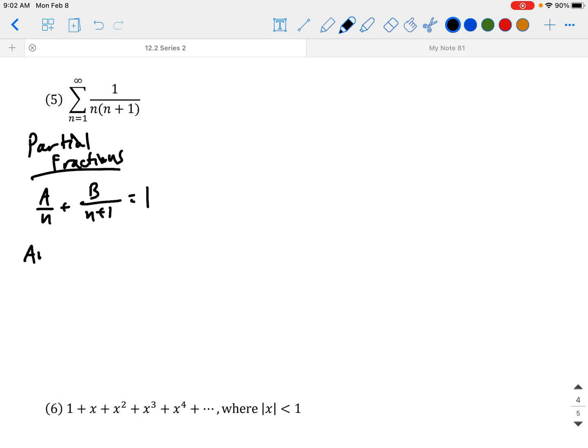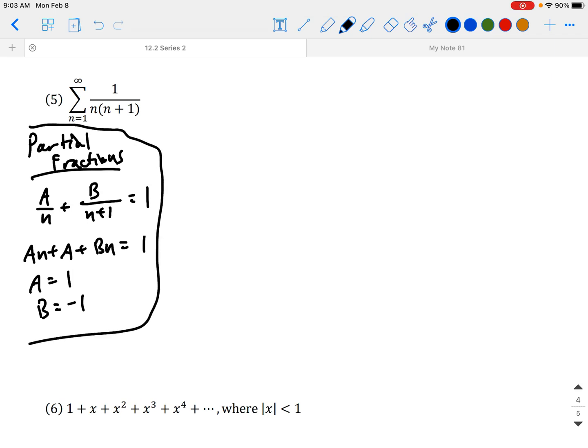What we'll get is that an plus a plus bn is equal to 1. So a is equal to 1 and b is going to equal -1. So again, I'll let you verify that, but that should be pretty obvious. Oh, sorry, a plus b is equal to 0 since there are no n's.